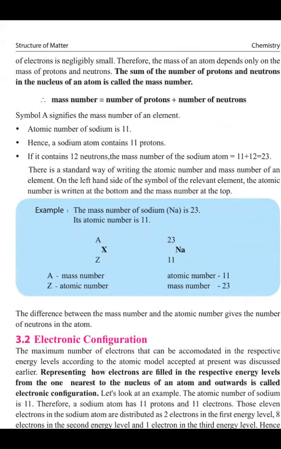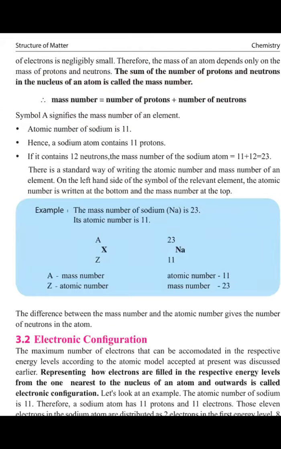From here, we know the equation. Mass number is equal to number of protons plus number of neutrons.